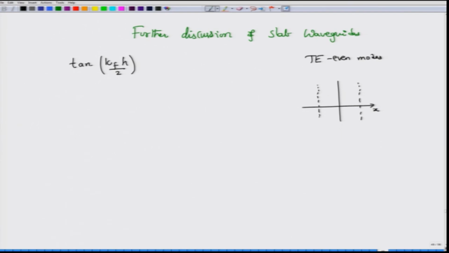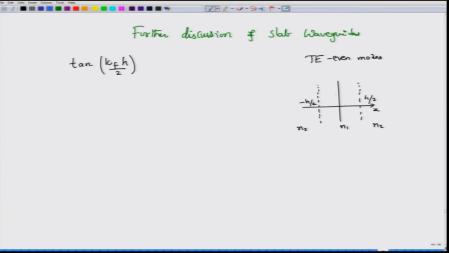So, inside this plane you have n1, outside this plane you have n2, and this plane will be kept at minus h by 2, the other plane is kept at plus h by 2, as we have seen. So, you can see that I am only considering the x component in this one, because along the z component you know that whatever the basic mode, it would simply propagate along the z axis.